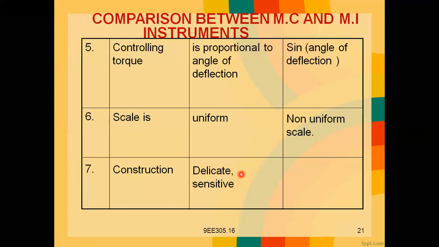Coming to MI, it's a robust, reasonably accurate instrument. The advantage of MC is that they are sensitive, so they are more accurate. And coming to MI, they are robust, but they are reasonably accurate.